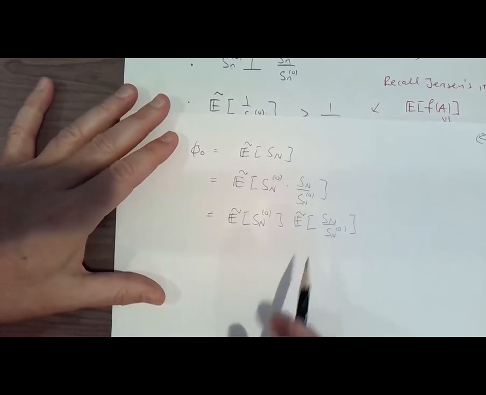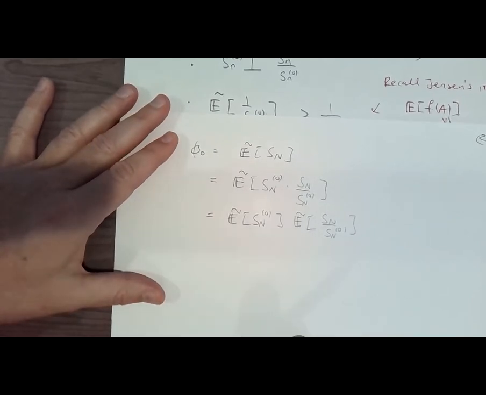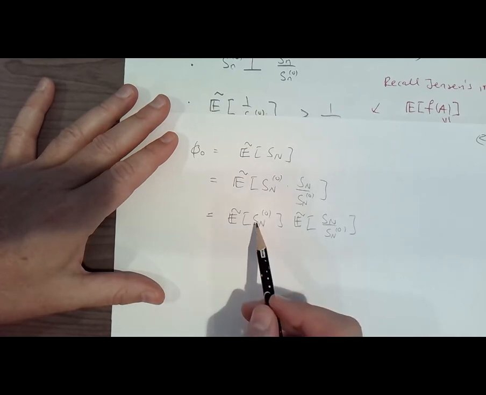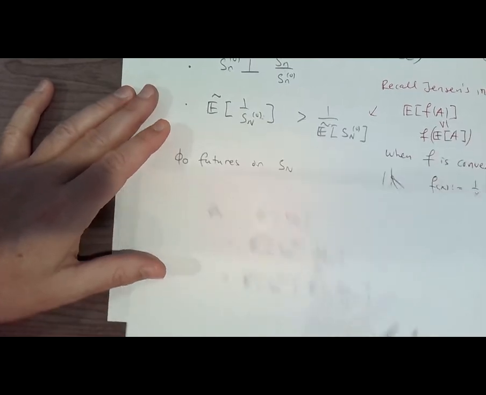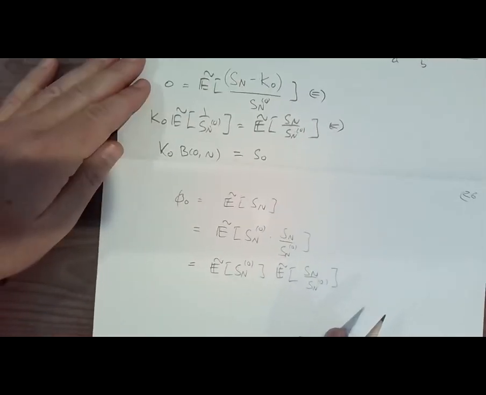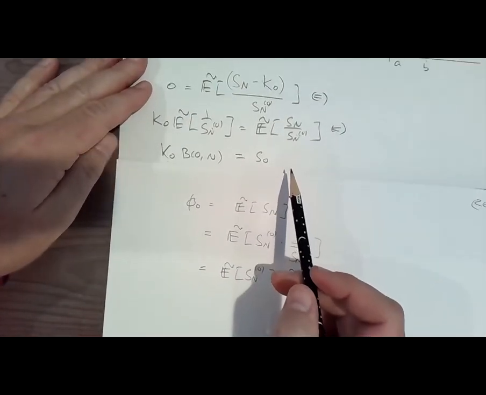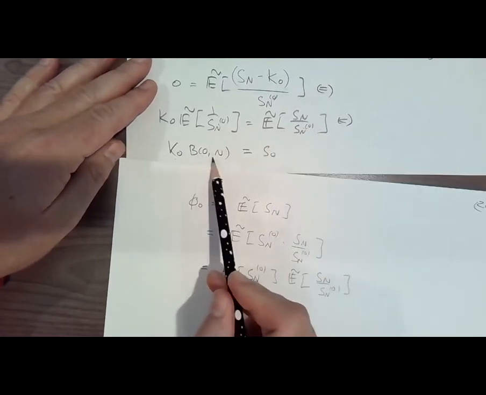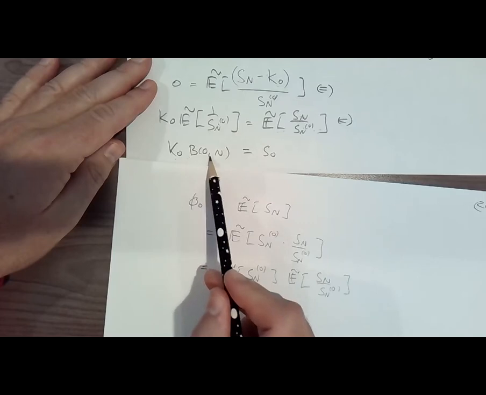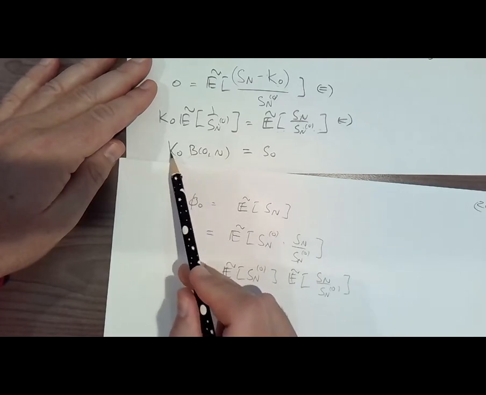Okay, and then what else can we do? Well, we have the first, and then we have the second. The second one was good because we know exactly what the second one is. Like the second one, this was at K0. That was into the forward.